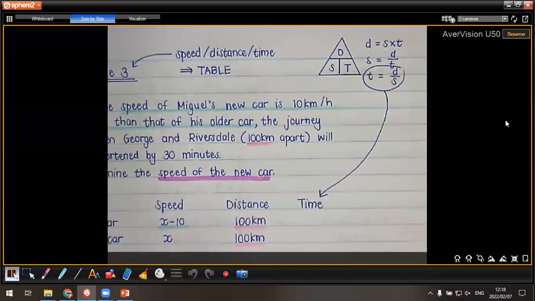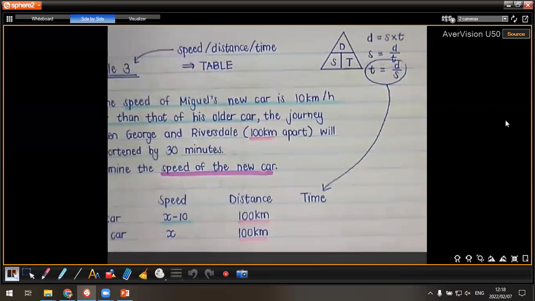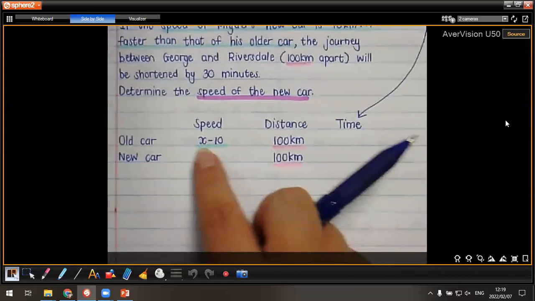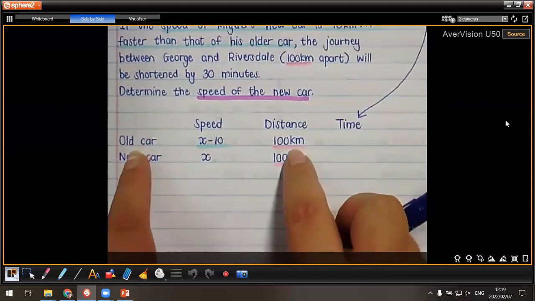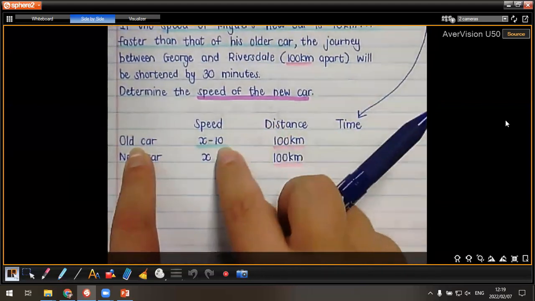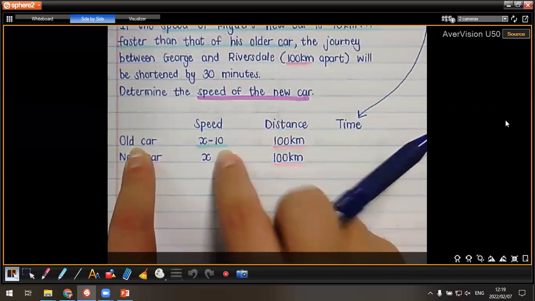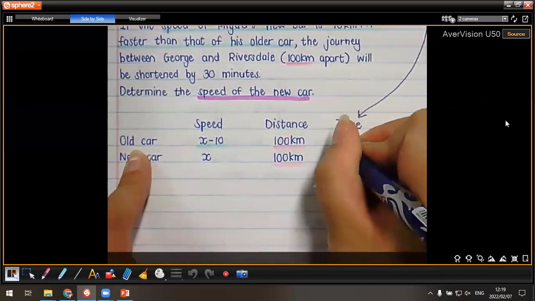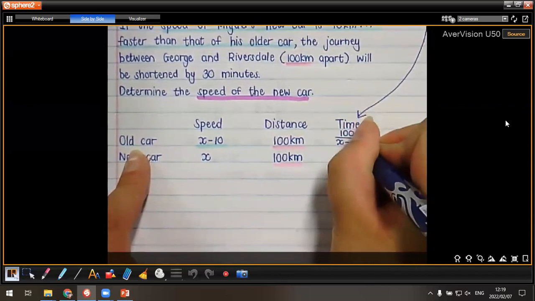They didn't give us the times, so we need to use the formula for it. Now guys, time is distance over speed. Now we're going to use what we have in our table already. The distance for the old car is 100 kilometers over the speed, which was x minus 10. So the time here for the old car is going to be 100 over x minus 10.